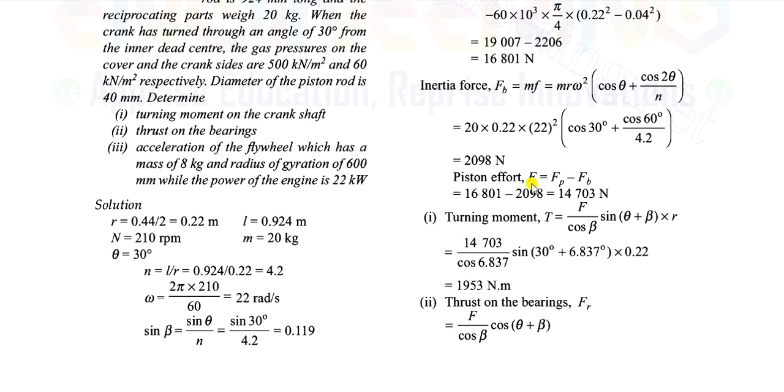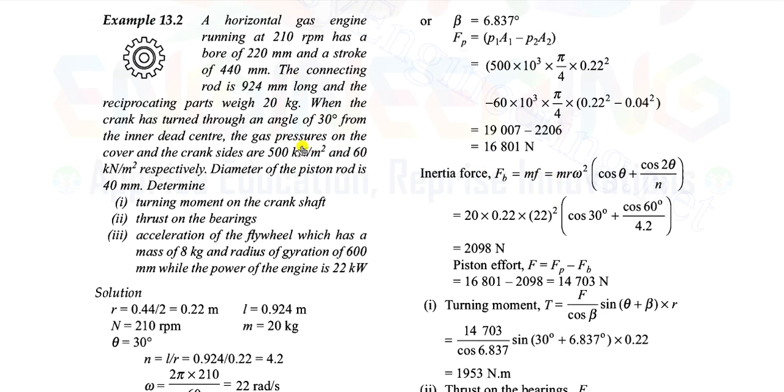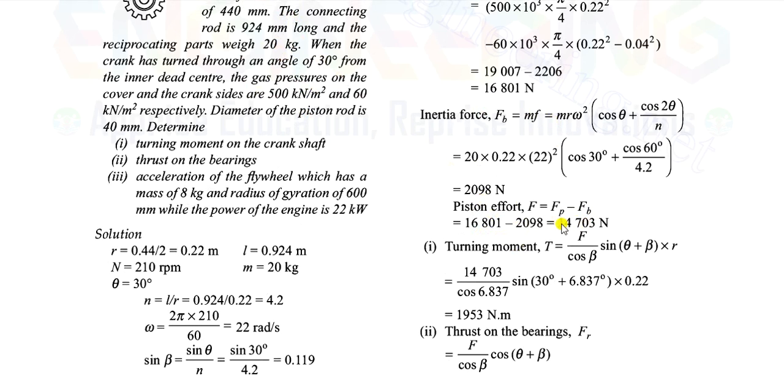If it were vertical, we would have to consider mg also, and if friction force was given here, we should consider friction force also. Friction also opposes the movement, so we have to reduce it.